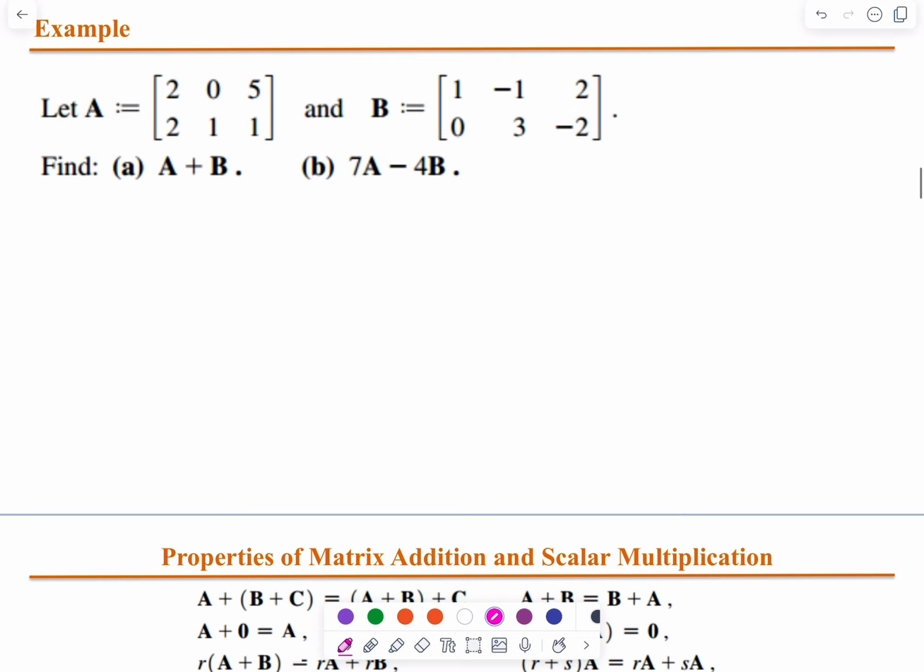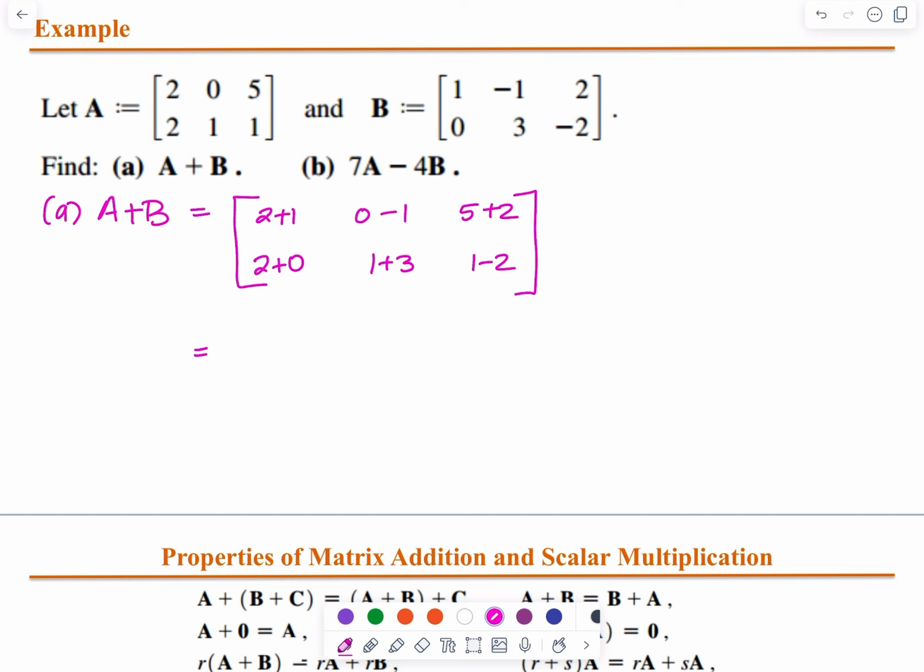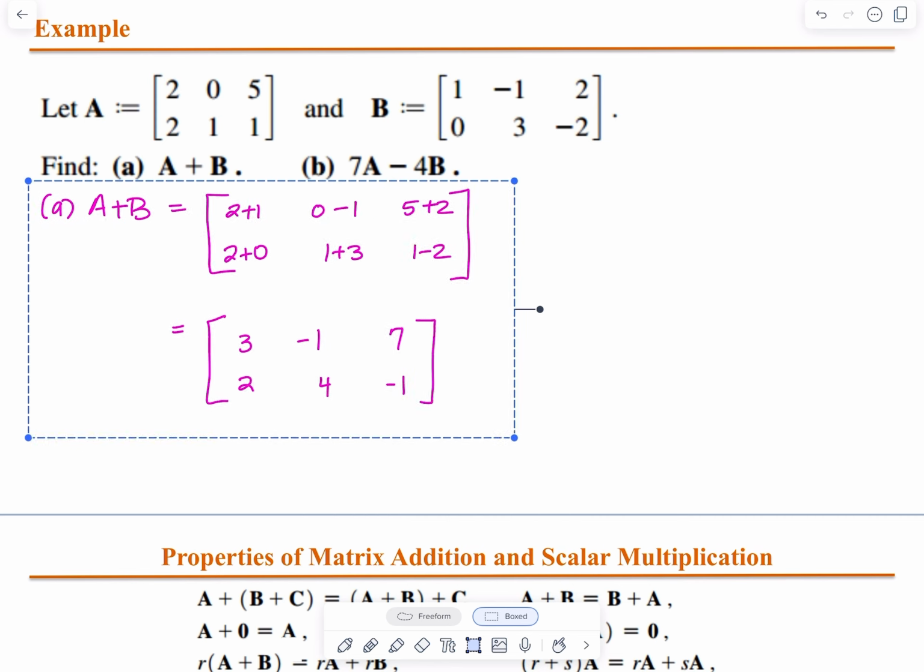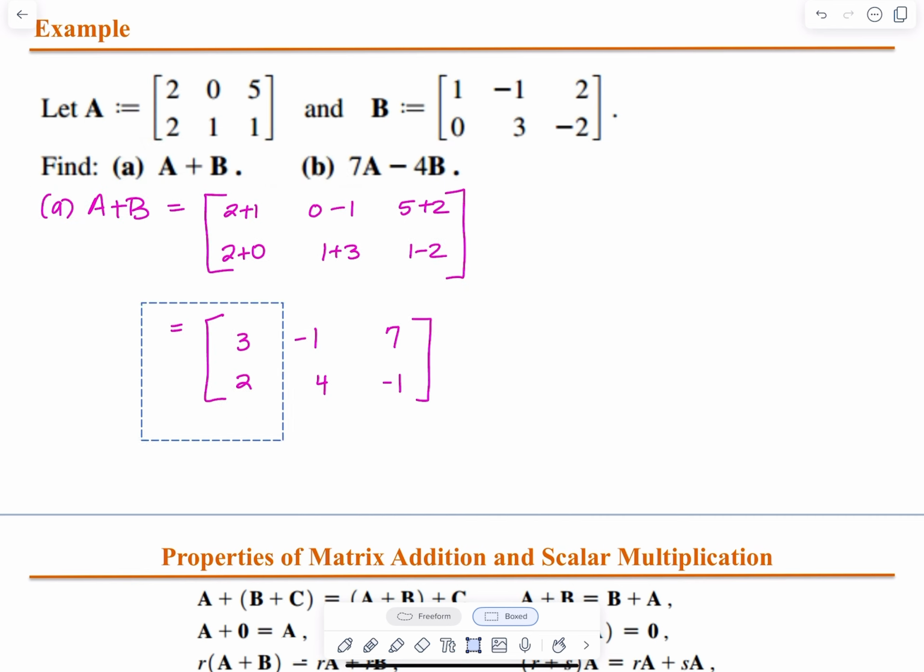So we will first find A plus B, and of course we will add 2 plus 1, 0 minus 1, 5 plus 2, 2 plus 0, 1 plus 3, 1 minus 2, and we come up with the matrix shown here.